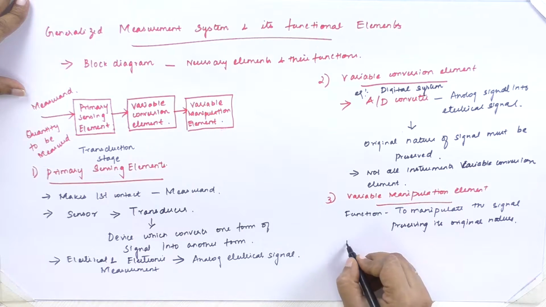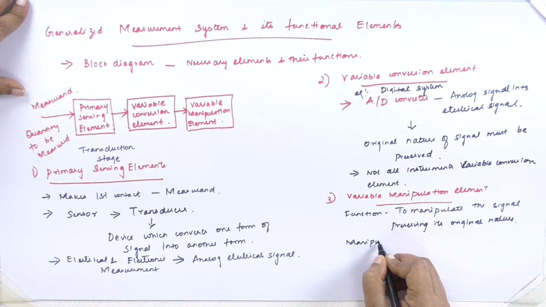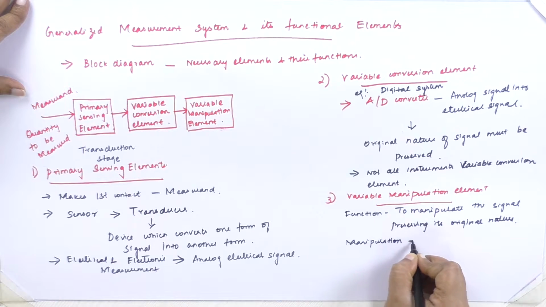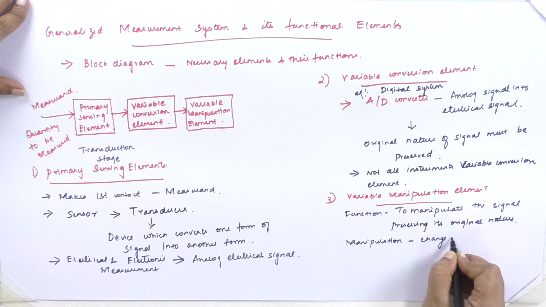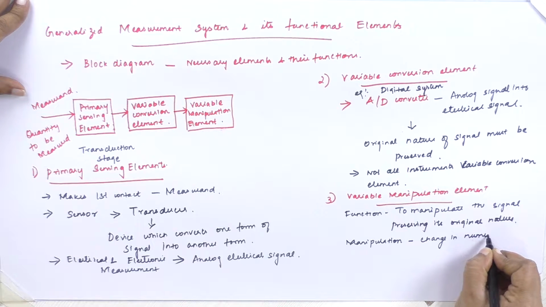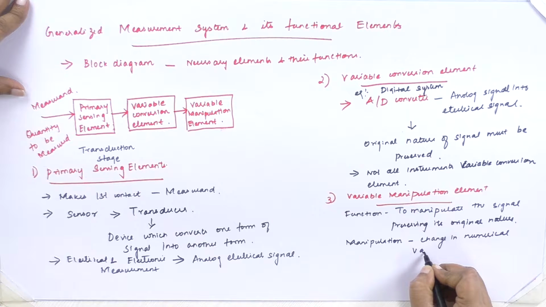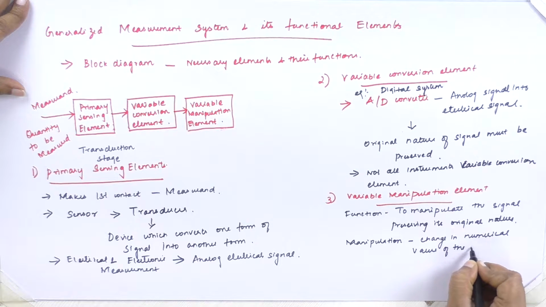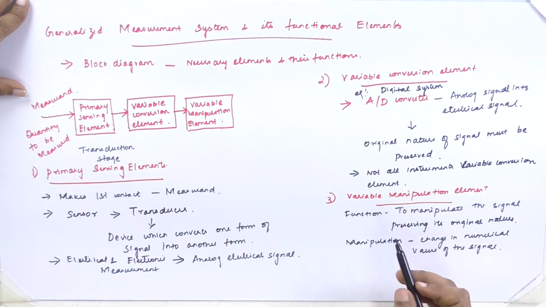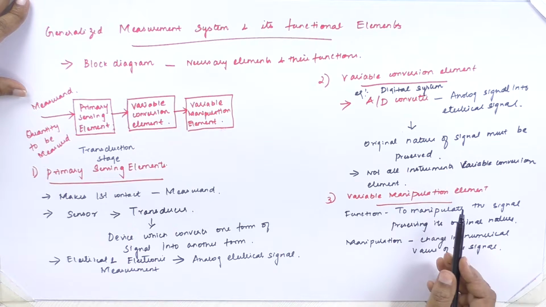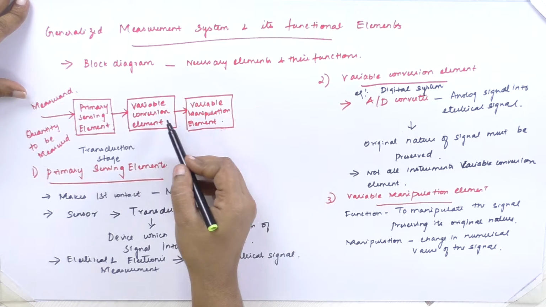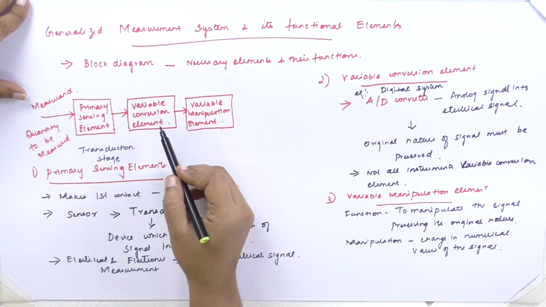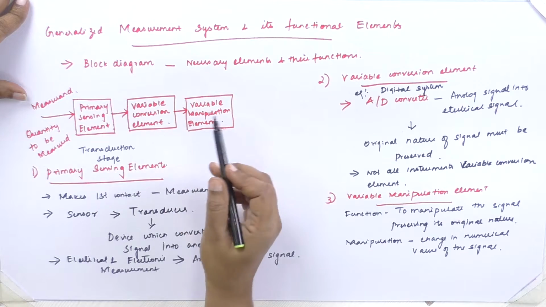So, what is manipulation? It is a change in the numerical value of the signal. By retaining the original nature of the signal, only the numerical value or the magnitude of the signal is manipulated with the help of this variable manipulation element, because the output of the variable conversion element may not be sufficient to drive it to the next stage.